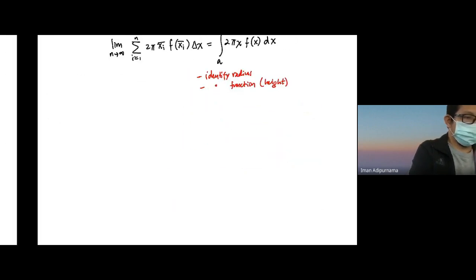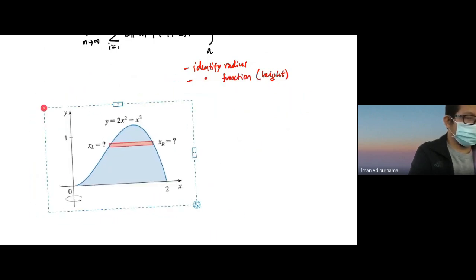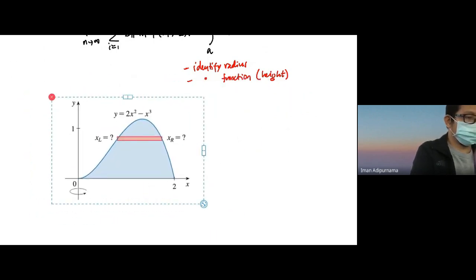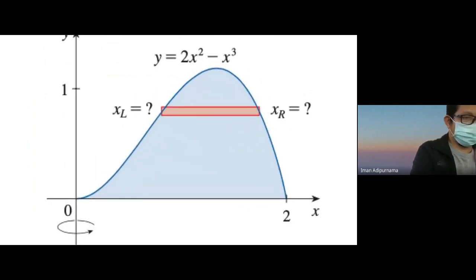Okay. Now, if we take the first example, the example from this one here, if we let this become our rectangle, and let's rotate it through here, this will be what it looks like.